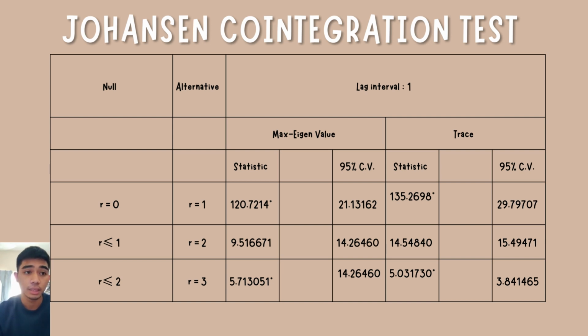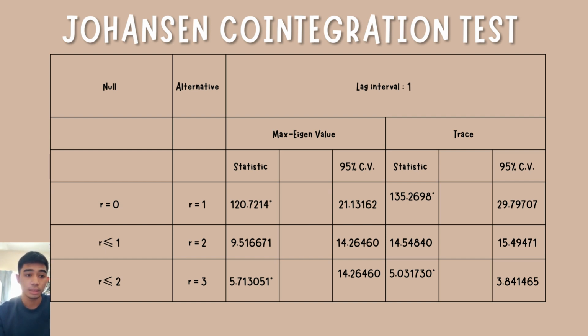Next is the JJ co-integration test. For the Johansen co-integration test, the result shows for max eigenvalue and trace, at none and at most 2, the statistic values are greater than the critical value.